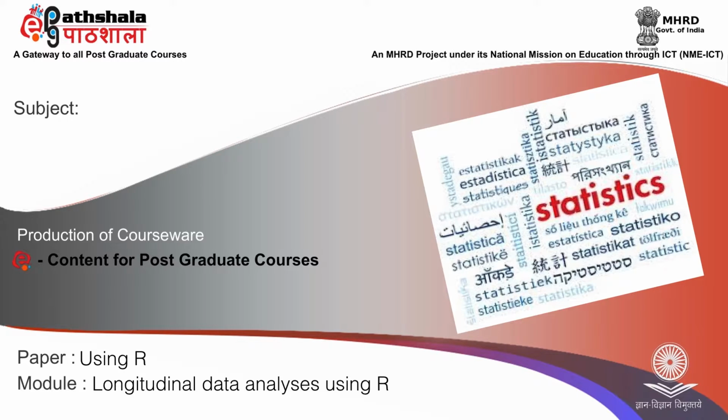In our previous sessions, you've seen that we can use R for data analysis in different ways. We talked about using R for univariate data analysis. We talked about bivariate data analysis where you can plot various variables together.